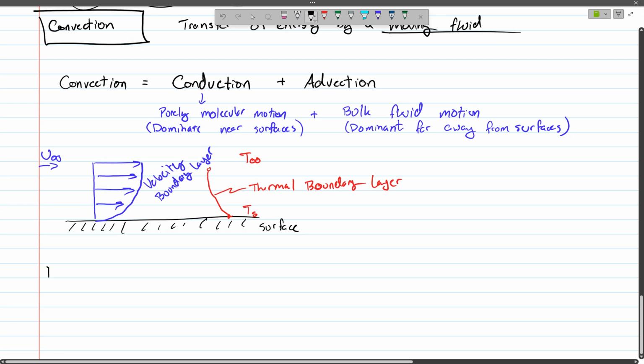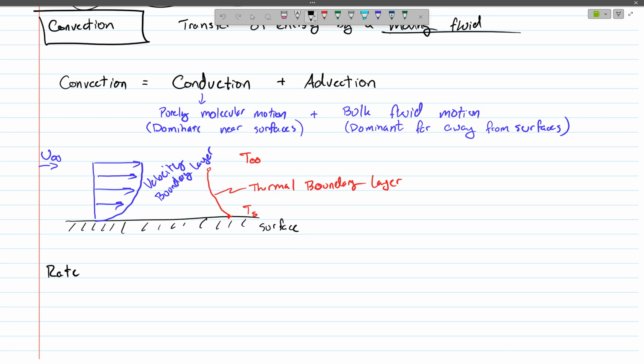So the rate equation that describes how heat transfer occurs between a surface and an adjacent fluid is known as Newton's law of cooling.